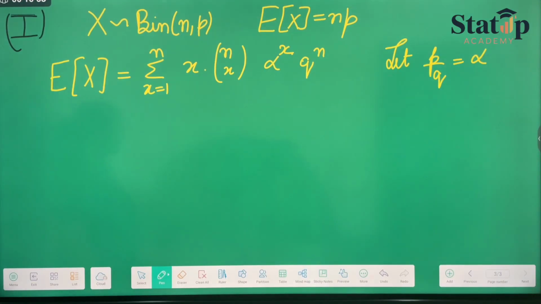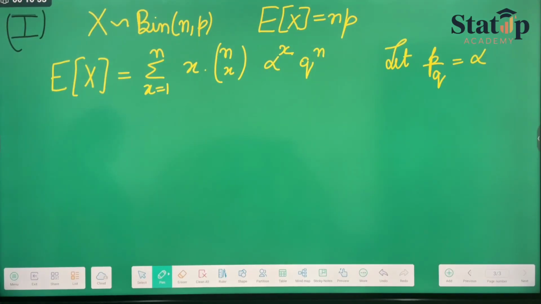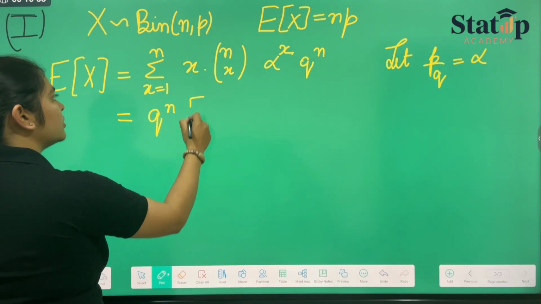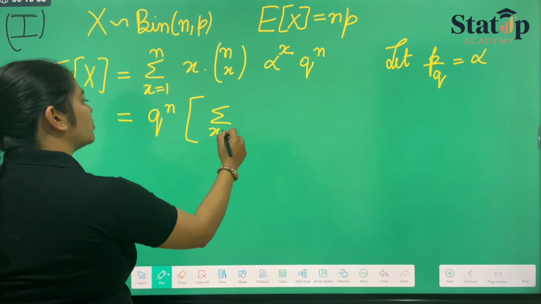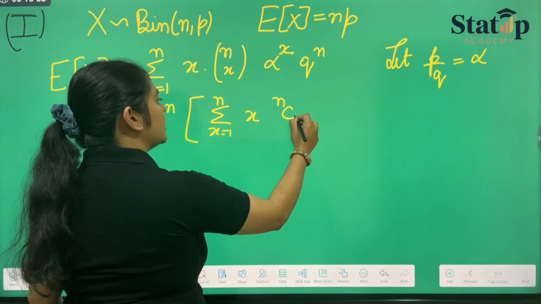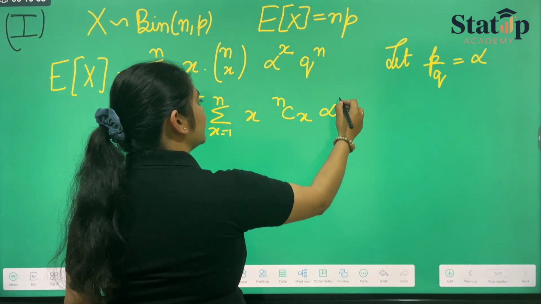Now we can open this summation and q raised to the power n will come outside. So it will be summation x goes from 1 to n of x nCx alpha raised to the power x.